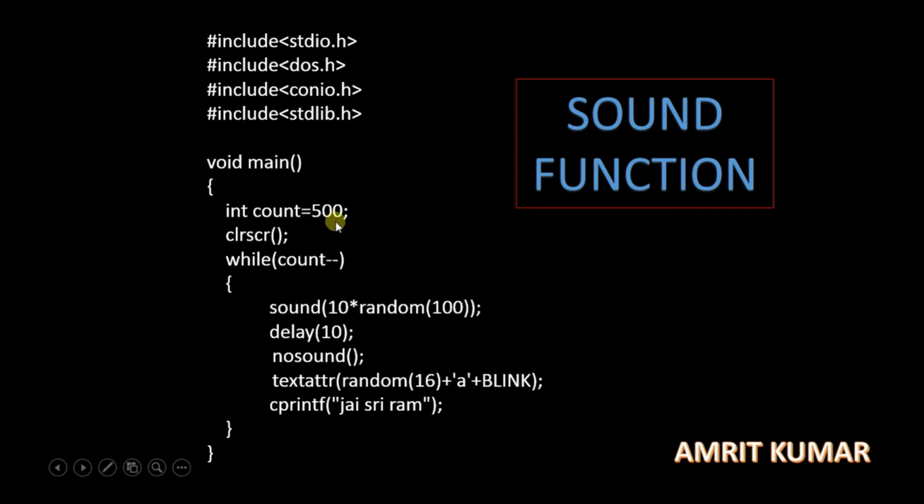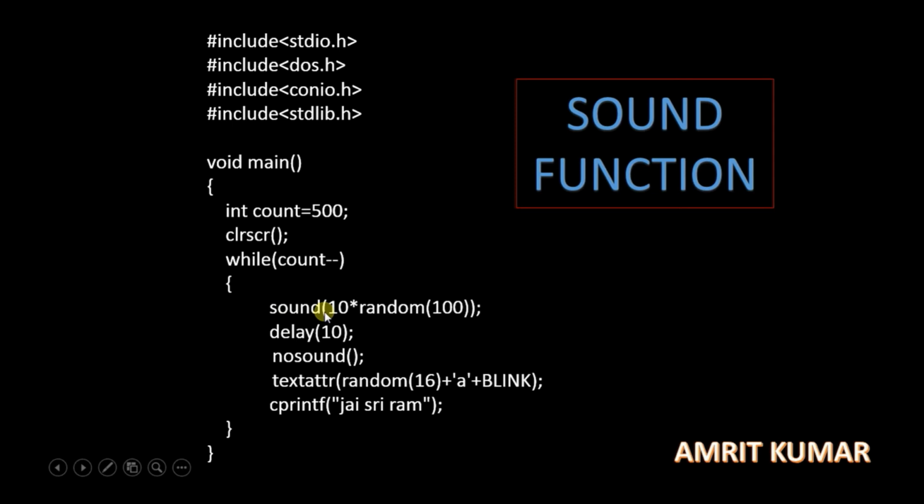Count contains 500, and in the while I use count--. Count-- is going to decrement the value of count by 1 until the condition becomes false, and when it becomes false it terminates. So it will continue till count becomes negative.